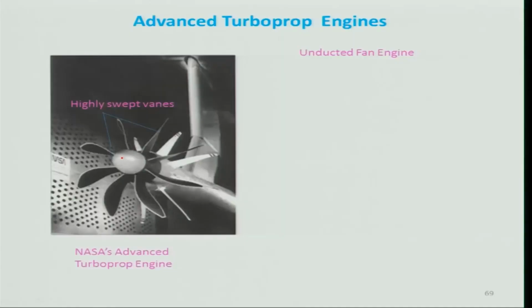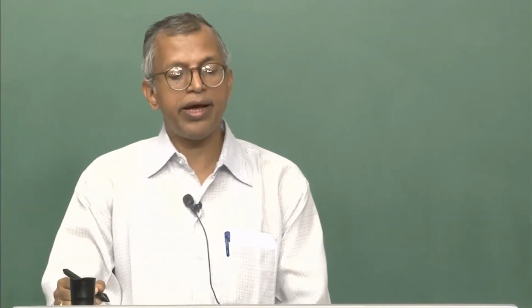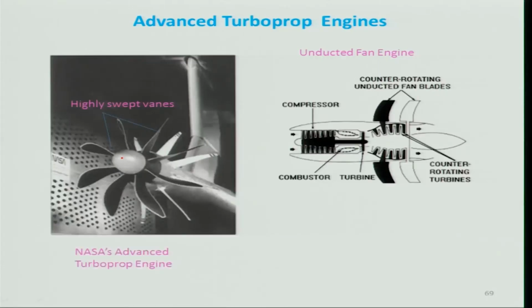But then why not attach this propeller to the turbine itself, instead of using a gearbox? We can directly do that and rotate at a little higher RPM, which is the same as that of the low pressure turbine. So, that was the idea, that is the unducted fan engine.